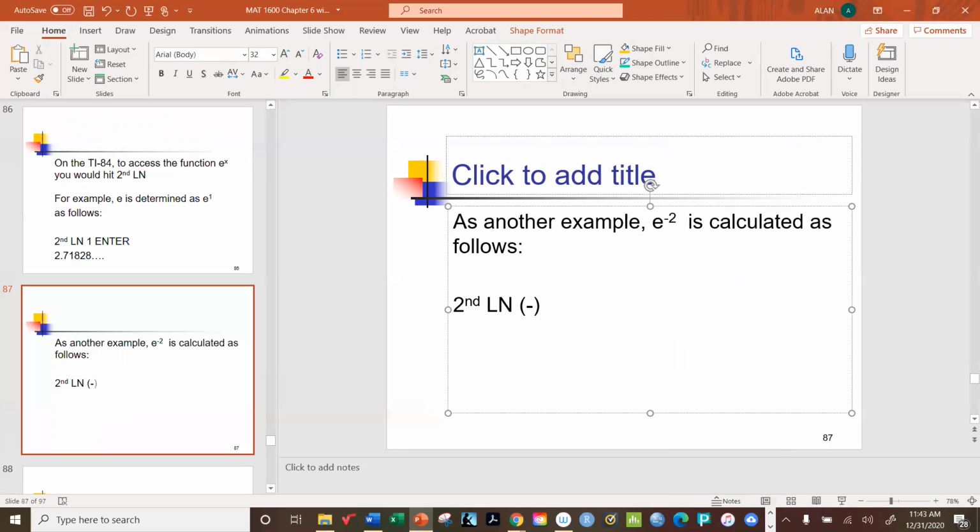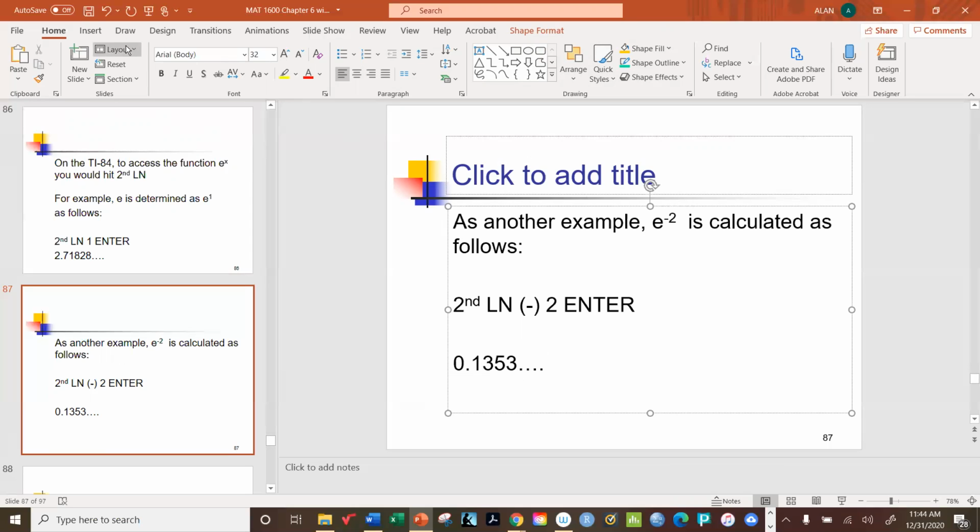On your calculator, it's listed as parentheses negative, to avoid confusing it with the subtraction button. Then you hit 2. So you'd hit second log, negative 2, enter, and your answer would be 0.1353, et cetera, et cetera.